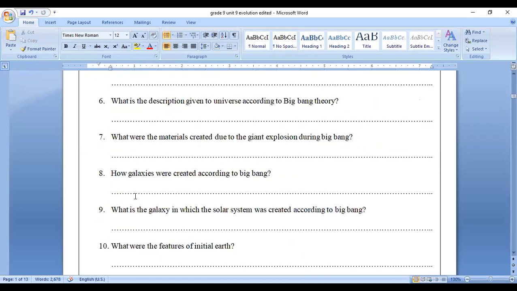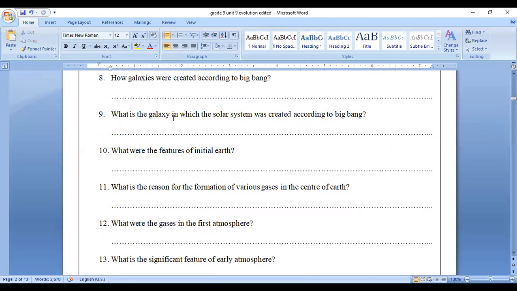What is the question? What were the features of initial Earth? Okay, very hot object with volcanic activities. Correct? Yes, sir.